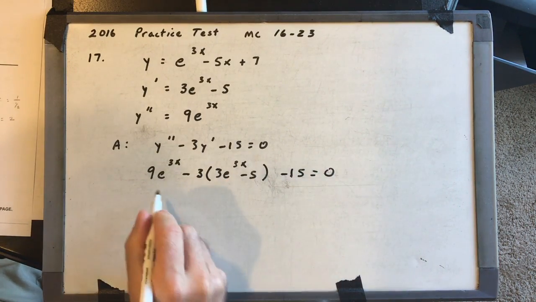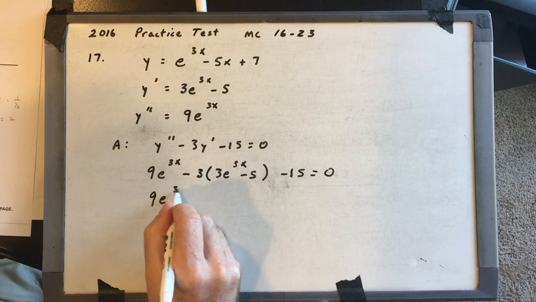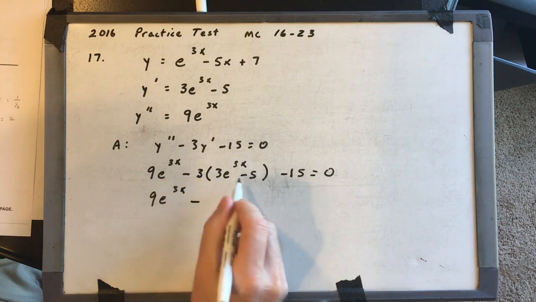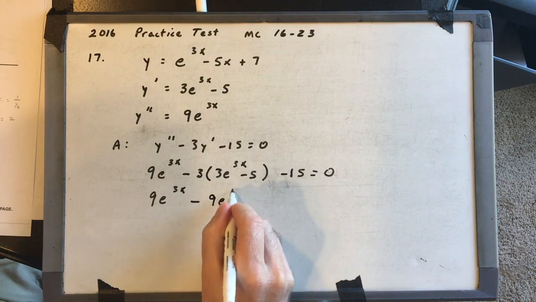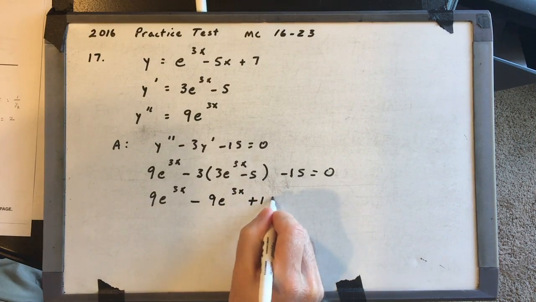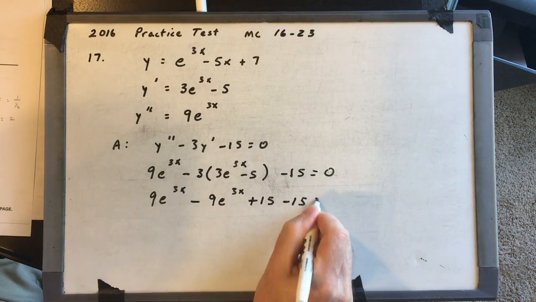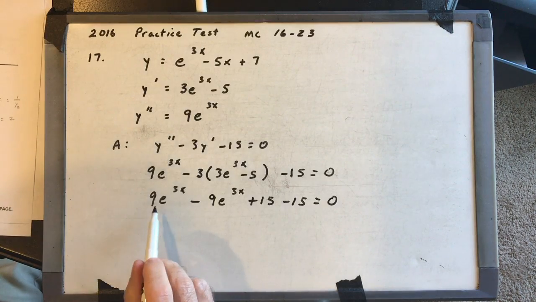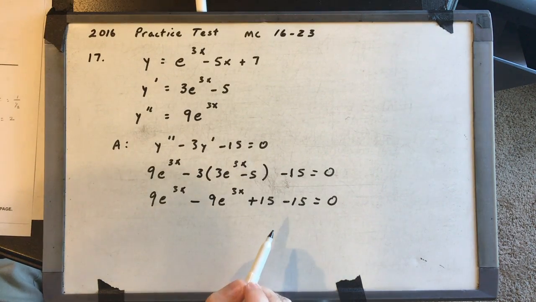Let's see if that's true. We'd have 9e to the 3x, distribute the negative 3, so minus 9e to the 3x plus 15 minus 15 is equal to 0. And that is true. The 9s and the 15s cancel out.